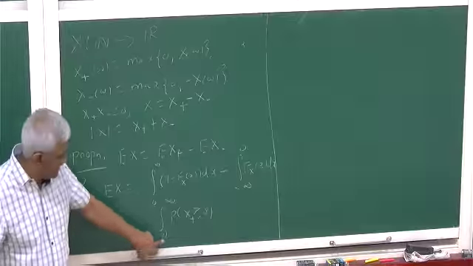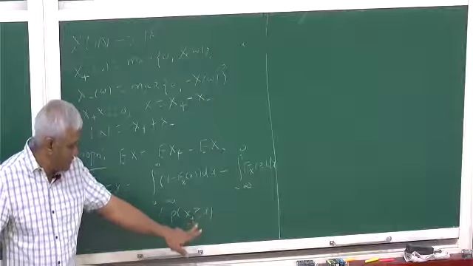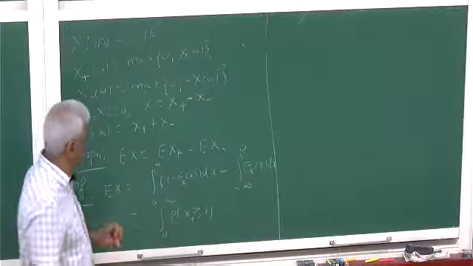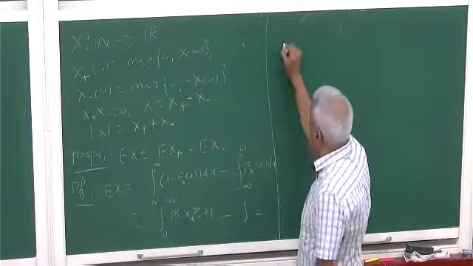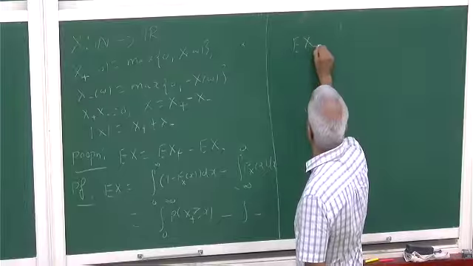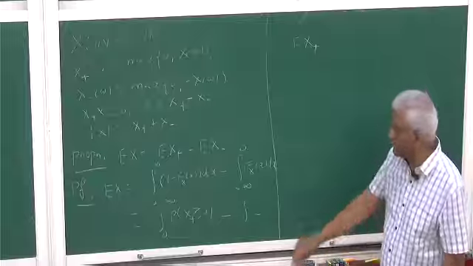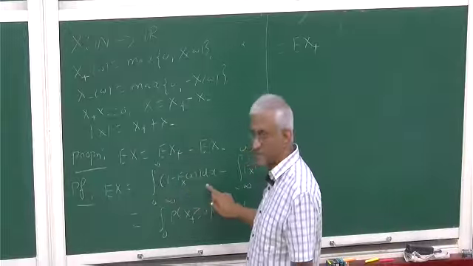So this is minus whatever we have here. Now this is equal to, of course, E of x plus. By our definition, for positive things, we have proved that E of x is just this term.